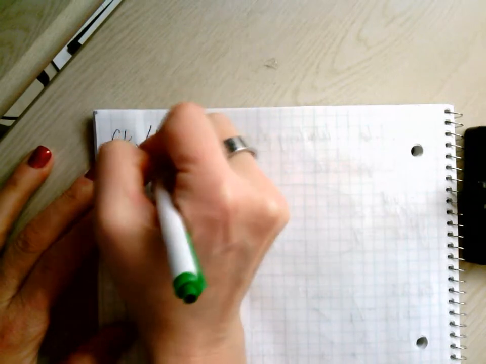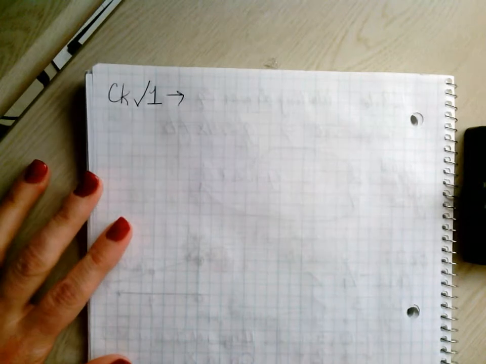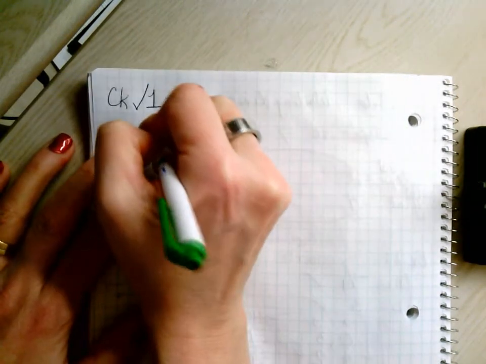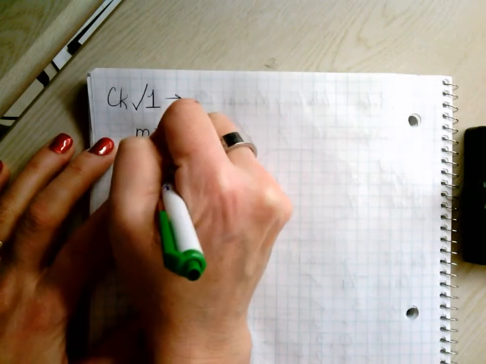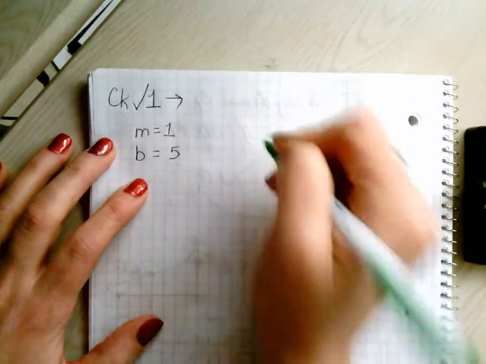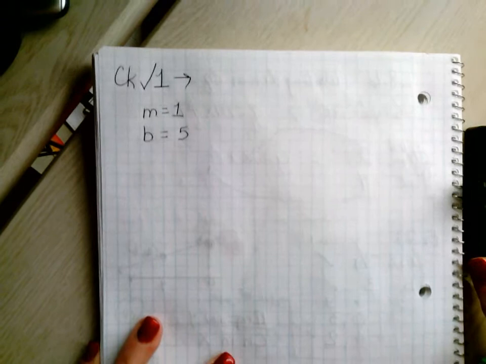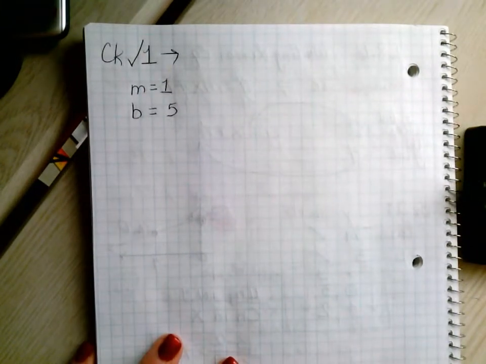Checkpoint number 1. Write an equation if you have a slope of 1 and a y-intercept of 5. m is 1, y-intercept is 5. What will the equation be? I'll give you guys a minute to think about it. What do you think the equation will be?